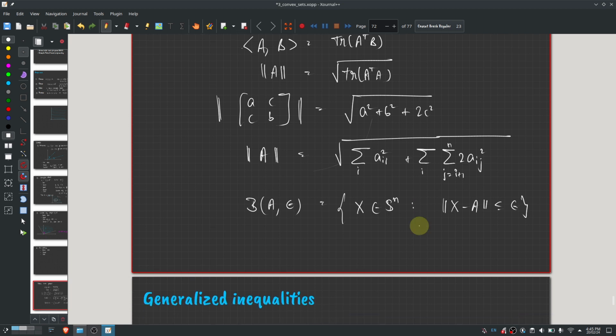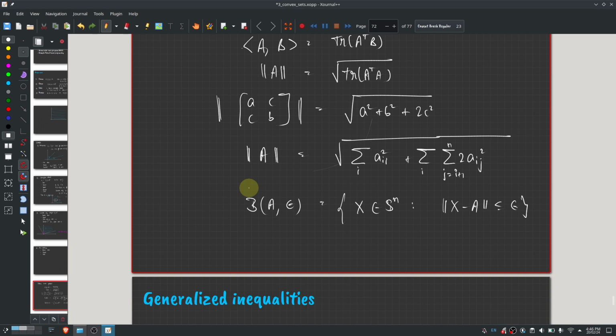So we're just looking at symmetric matrices. The set of positive semi-definite matrices is not a subspace, right? It's not a vector space. It's only a cone, right? So this lies in the space of symmetric matrices. So throughout, when we define a ball, it will be with respect to the underlying vector space. And the underlying vector space here is the set of symmetric matrices.